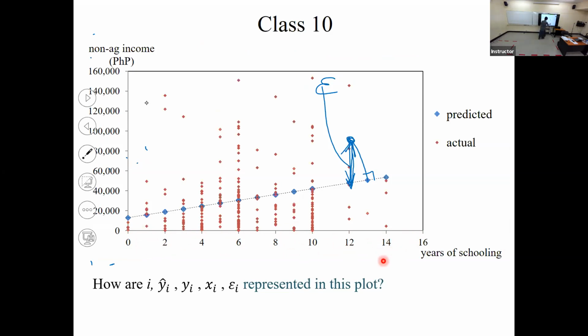So prediction can be used only within the actual data range. You cannot use it for 30 years, 40 years of schooling.